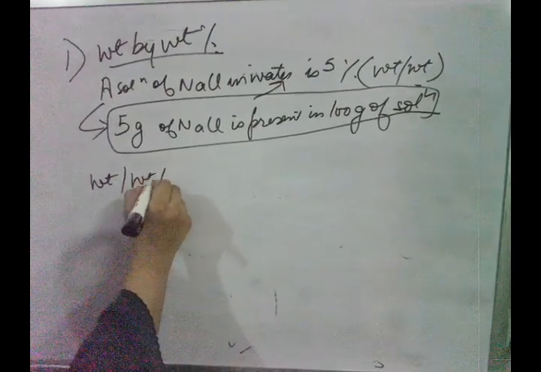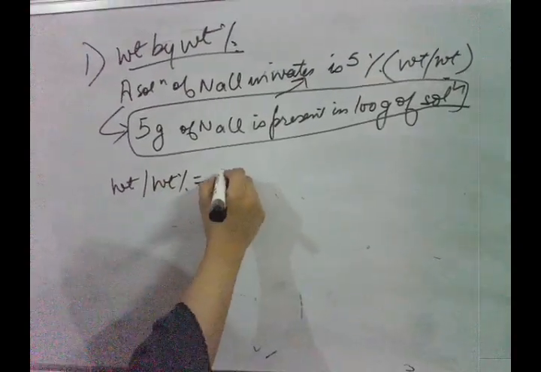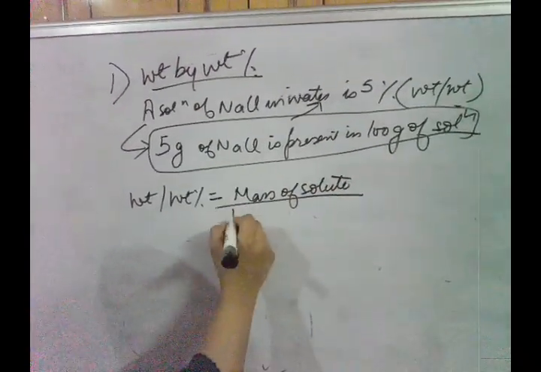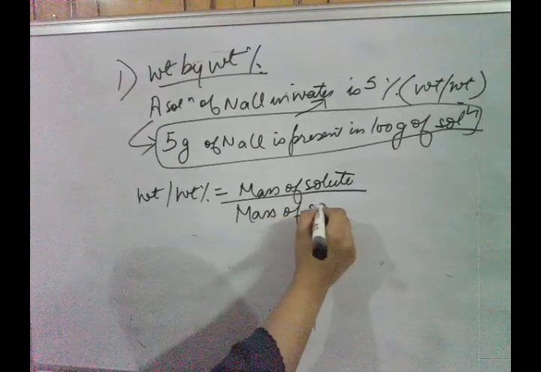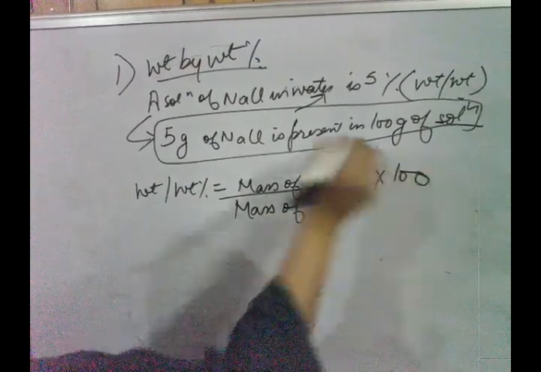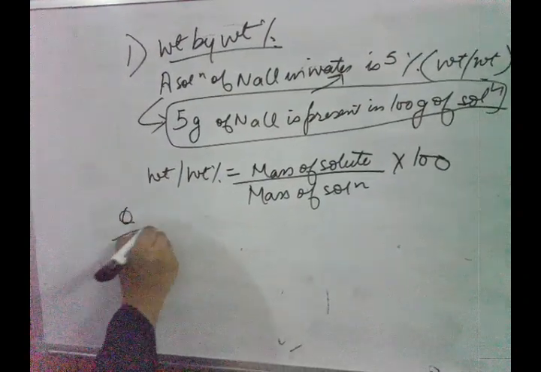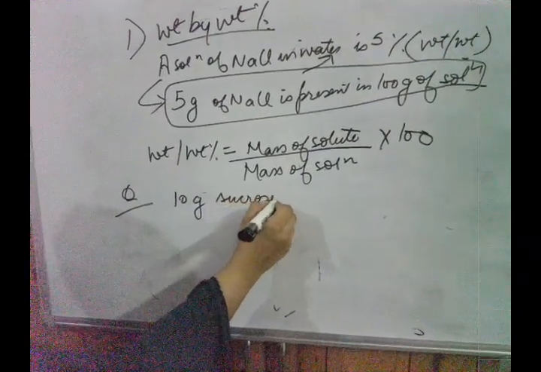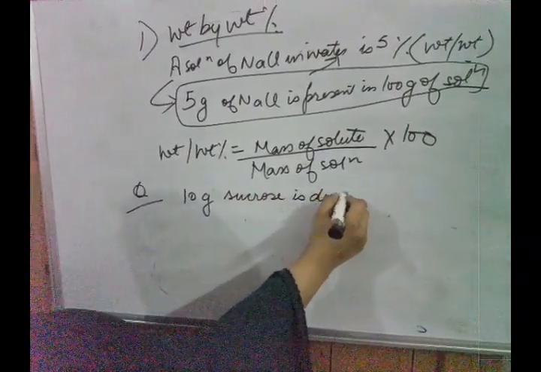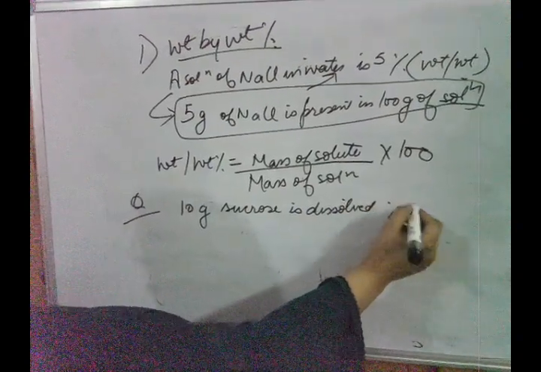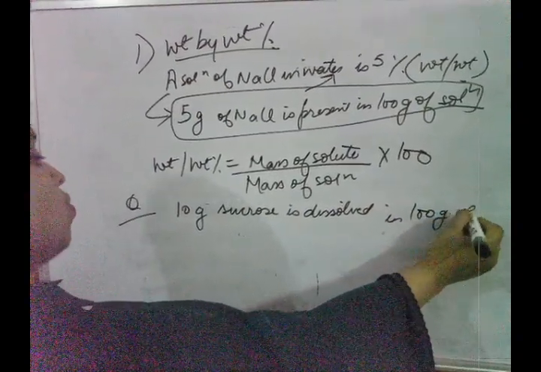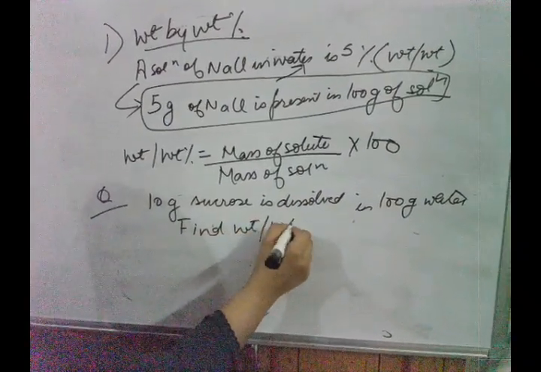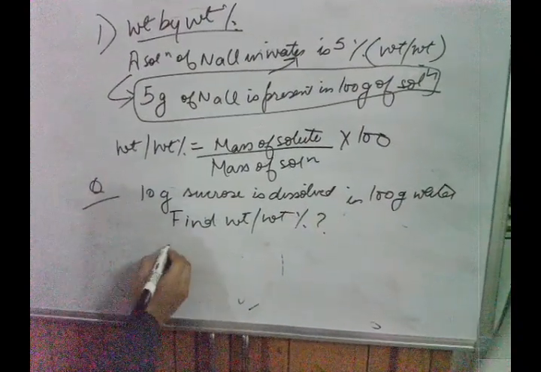The formula for weight percent is mass of solute by total mass of solution into 100. Now an example on this part: if 10 grams of sucrose is dissolved in 100 grams of water, and they say find weight by weight percent, what would you do?